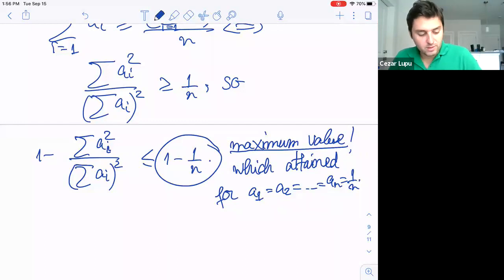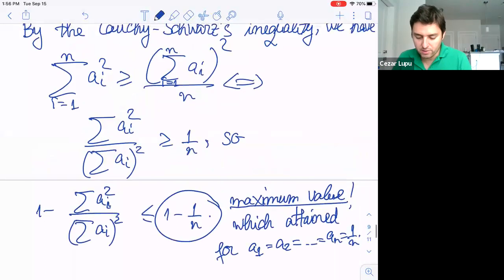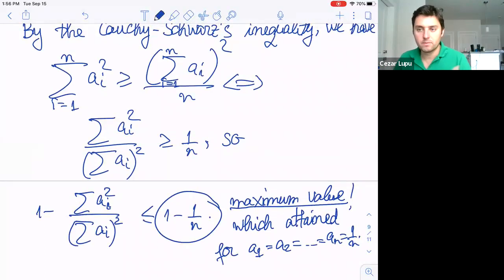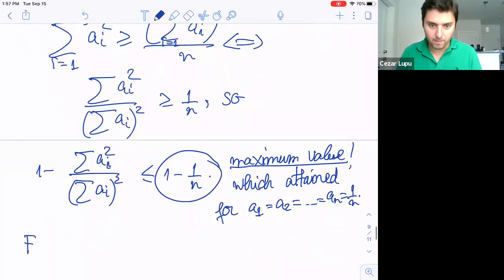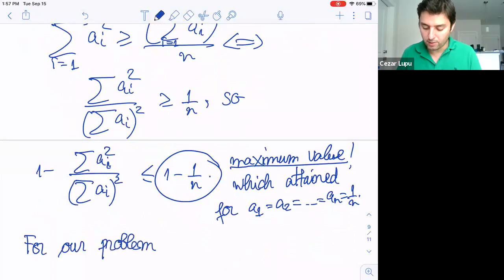All right, so this is just Cauchy-Schwarz here, right? I gave you this inequality, I think, in lecture 1. And in our particular case, what is n? Be careful, n equals what?